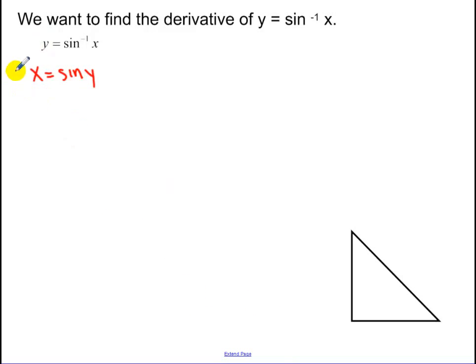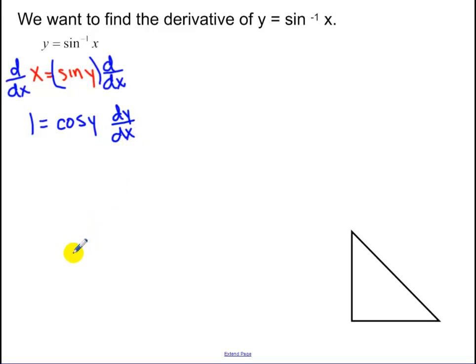Now we're going to take d dx of both sides. So I have 1 equals the derivative of sine, which is the cosine of y, but then I have that dy dx in there. So solving for dy dx, 1 over cosine of y. But I need this derivative in terms of x.